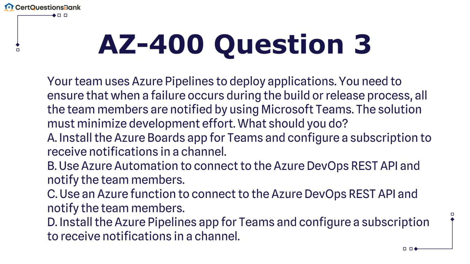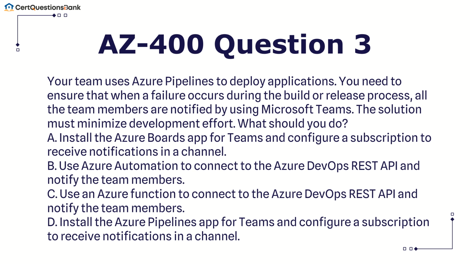Your team uses Azure Pipelines to deploy applications. You need to ensure that when a failure occurs during the build or release process, all the team members are notified by using Microsoft Teams. The solution must minimize development effort. What should you do? A. Install the Azure Boards app for Teams and configure a subscription to receive notifications in a channel.